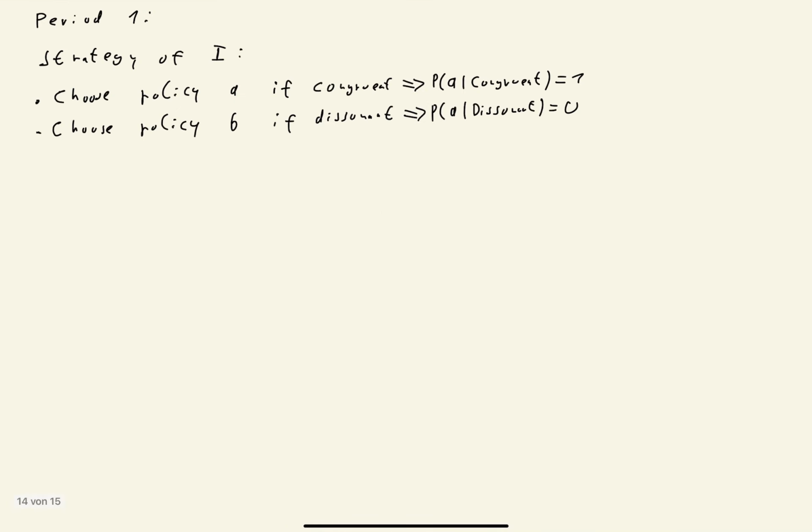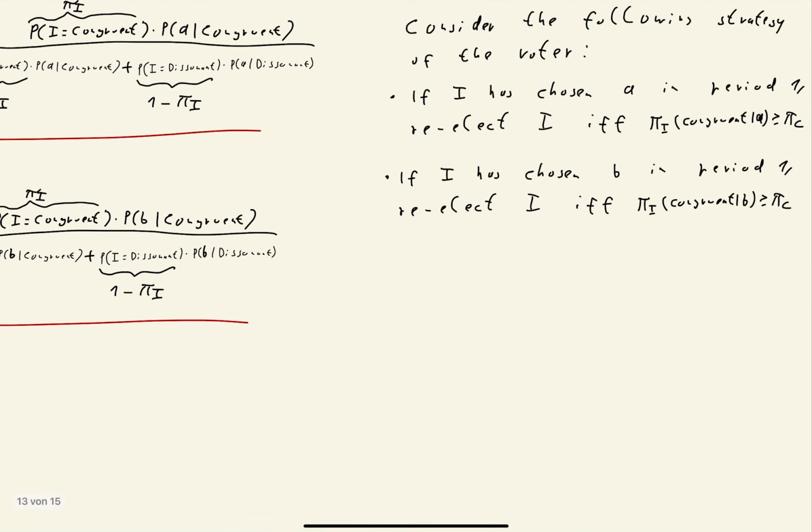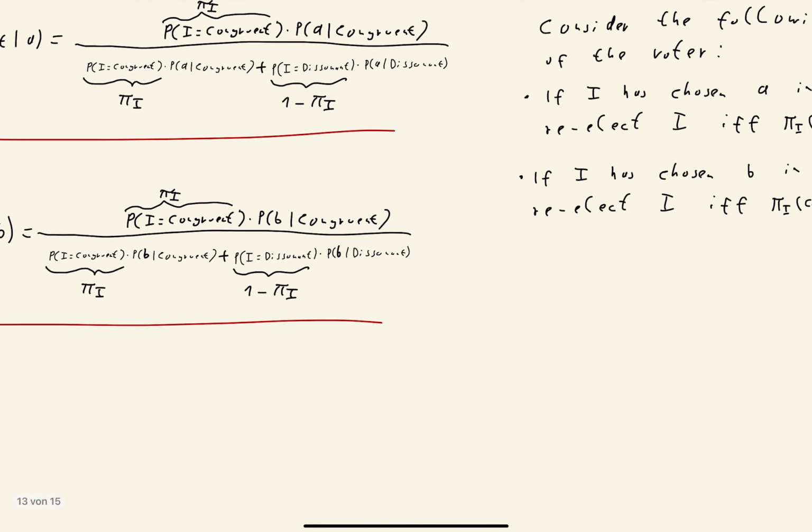So given the behavior of the incumbent in period 1, which was summarized here, we know that the probability of having chosen policy A conditional on being congruent is equal to 1, and having chosen A given that he's dissonant is equal to 0. Hence, this term here is 1, and this term here is 0.